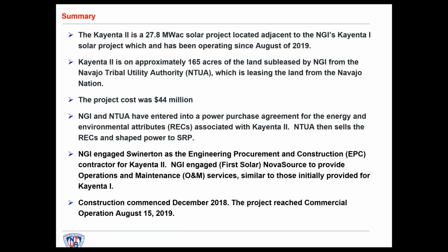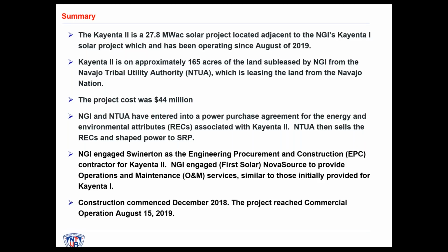Kayenta 2 is very similar in size to Kayenta 1. It's a 27.8 megawatt solar project, literally right adjacent to, on the same site as, Kayenta 1. It's been in operation since August of 2019. Kayenta 1 was put in service in May of 2017, so there was approximately a 2-year differential between the operating dates.